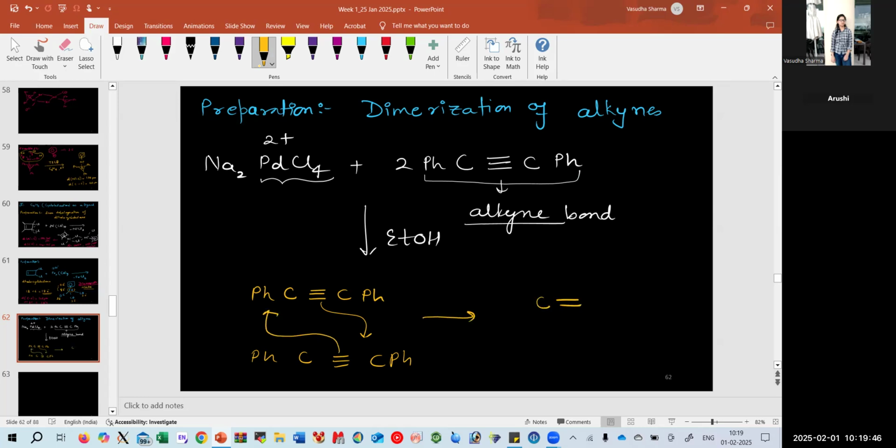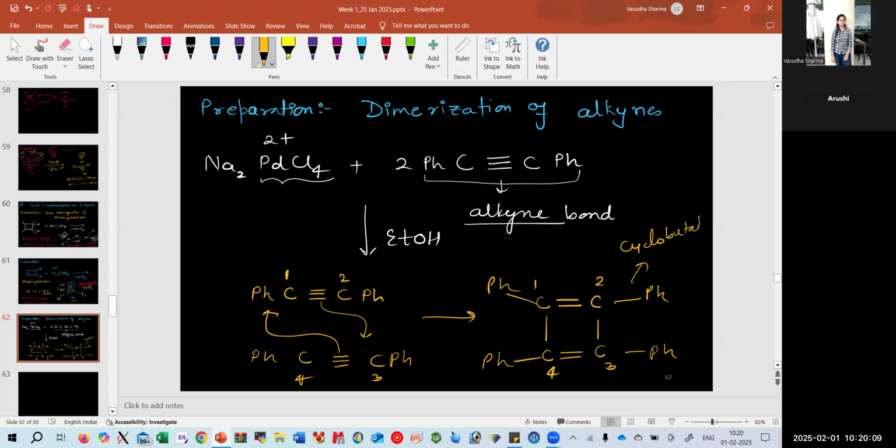Ultimately, it would give you a C double bond. If I name the carbons 1, 2, 3, and 4, one bond would be between C1 and C2, and another bond would be between C1 and C4, and the rest Ph would be as it is. So this is nothing but your cyclobutadiene system.